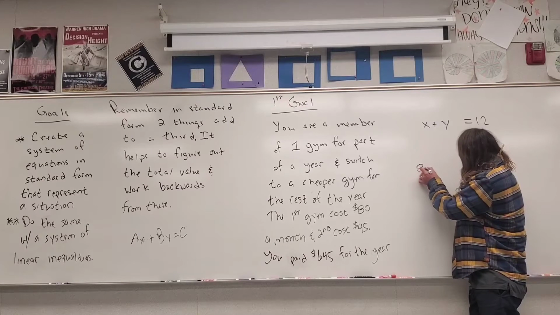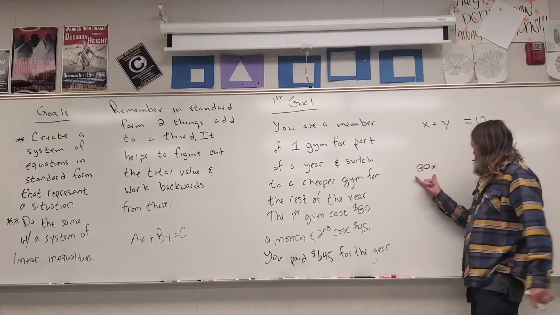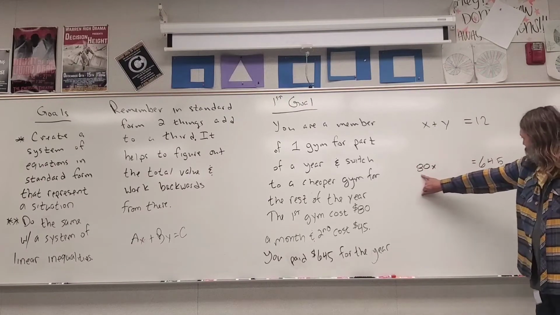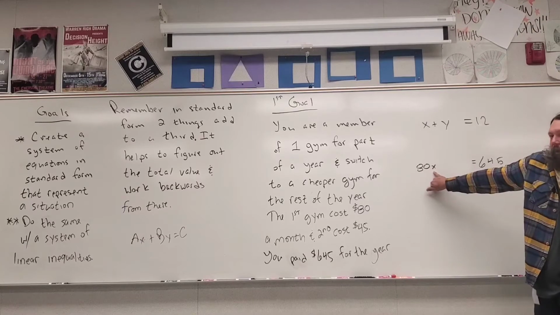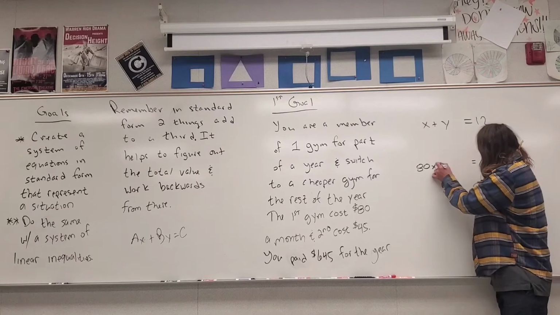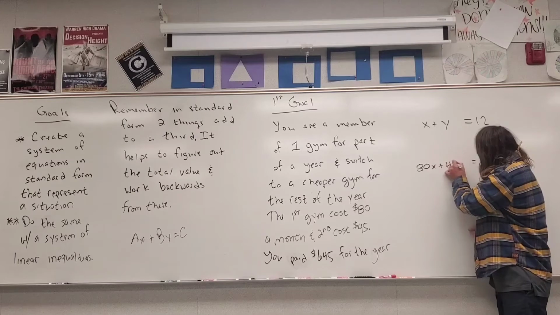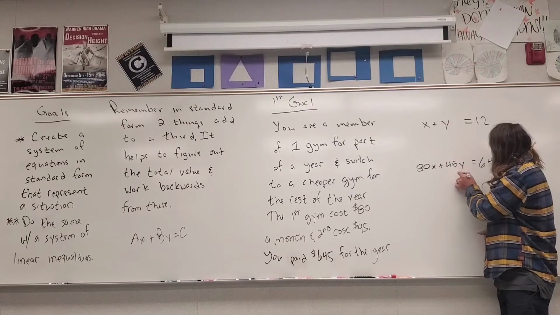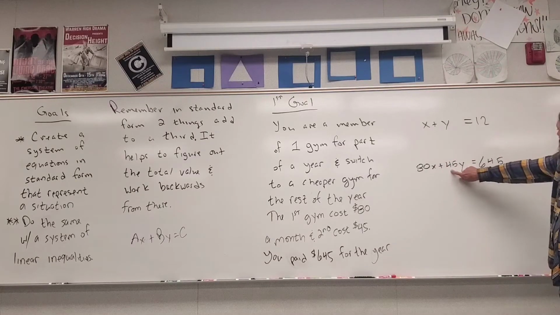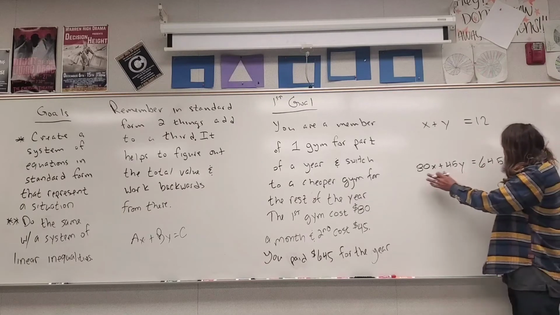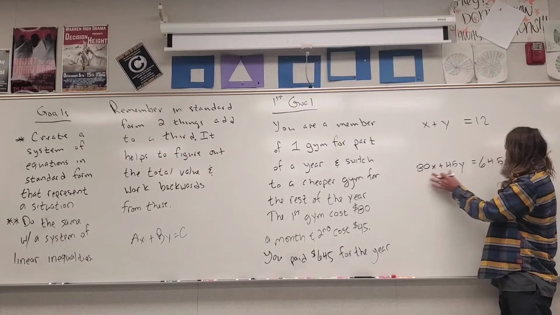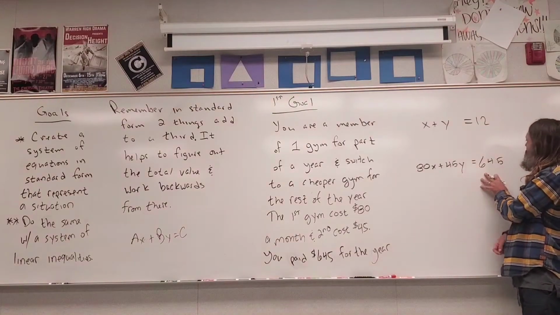So this is going to be 80x. This is how much I spent at my first gym based on that number of months. Plus 45y. This is how much I spent at the second gym for that amount of time. And these two amounts, the first gym and the second gym, add up to 645.